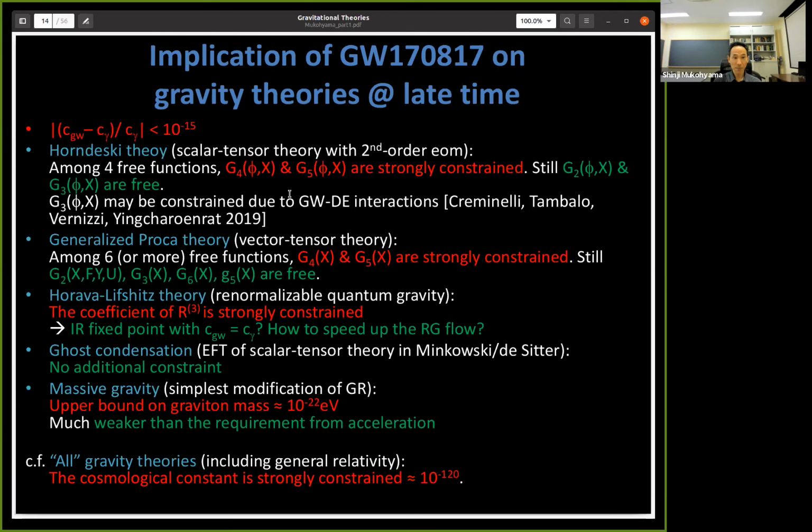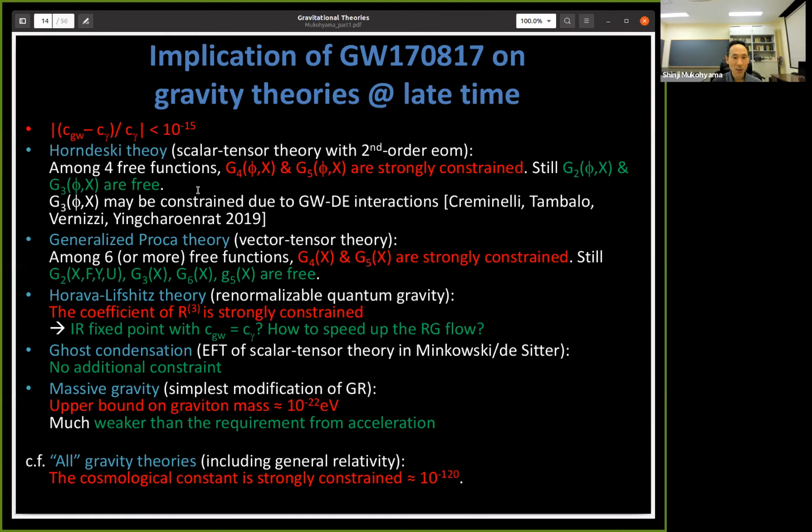For example, in the so-called Horndeski theory, which is a scalar-tensor theory with second order equations of motion, we originally have four free functions, G2, G3, G4, and G5. Among them, G4 and G5 are strongly constrained. G4 should be a function of phi only, and G5 should be absent, basically.